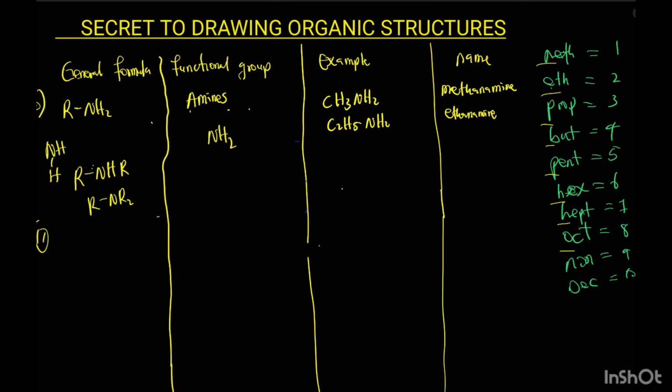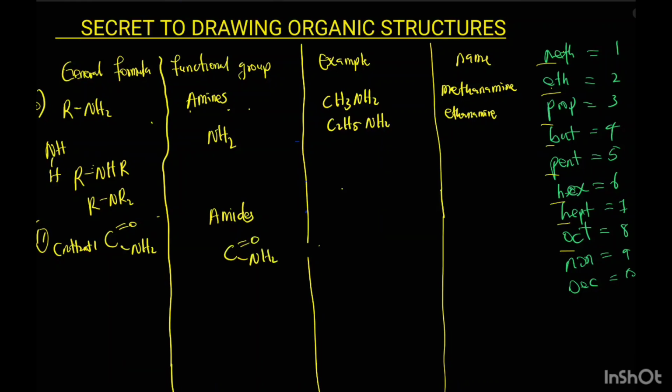Number 11, we have amides. Oh my god, I've made this mistake again. Amides have the general formula CnH2n+1CONH2. The functional group is CONH2.